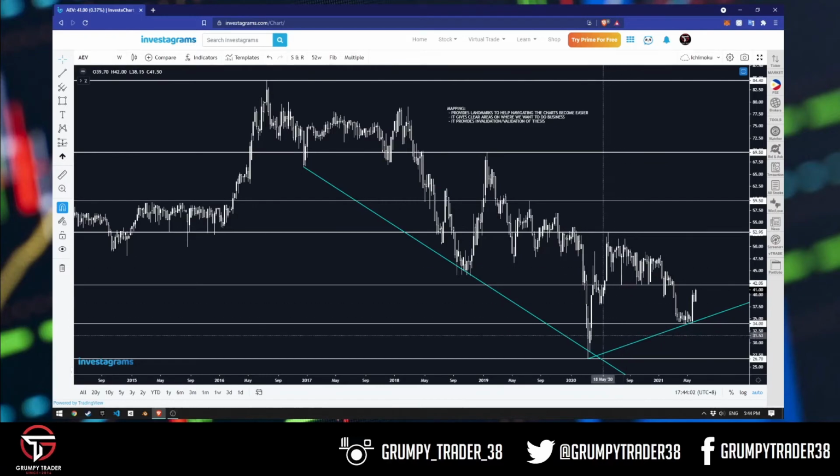Nalagay ko lahat yan. Again, this helps me in mapping out my chart. Again, landmarks. If I move above 42, then I can start being more bullish, diba? Because I know that this is a significant area of potential resistance.